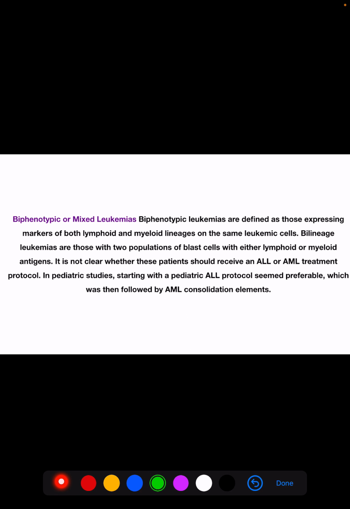Biphenotypic or mixed leukemias are defined as those expressing both lymphoid and myeloid lineages on the same leukemic cell.